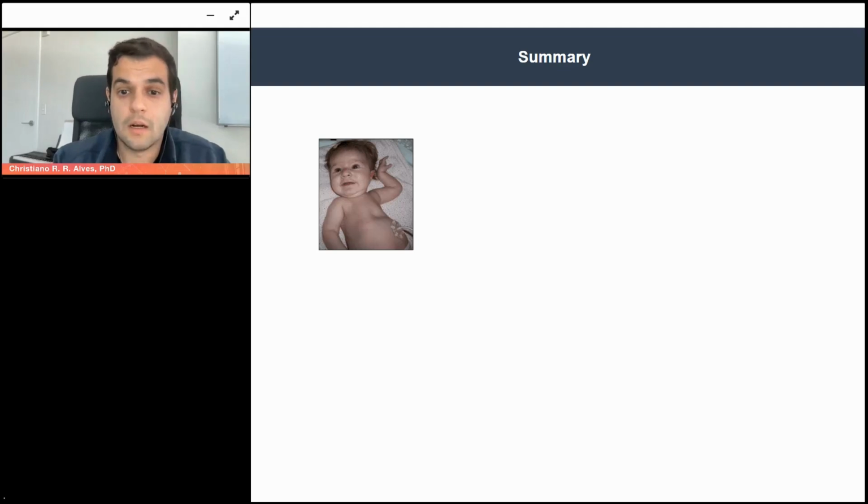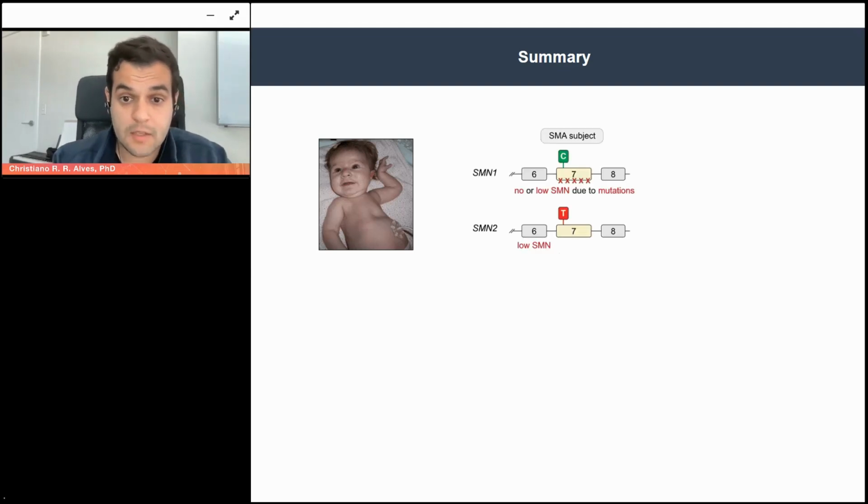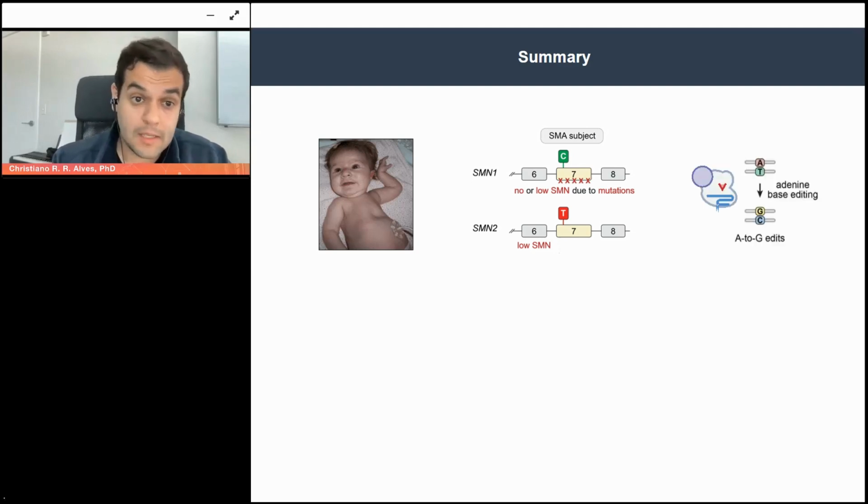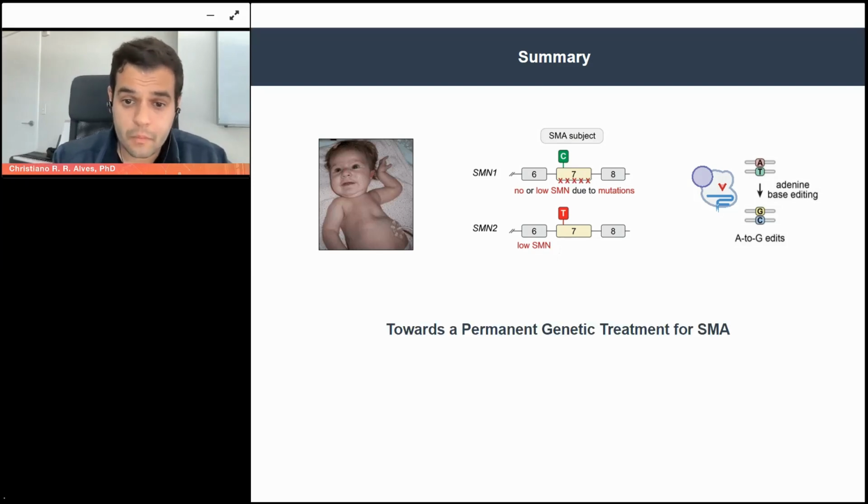We know the genetic basis of the disease, and that the SMN2 gene is a good target. We now have base editors that could potentially edit the SMN2 gene and activate it to look like an SMN1 gene, potentially improving the phenotype and providing a permanent treatment. I hope I shared enough data here to convince you that we are moving towards a permanent genetic treatment for SMA.